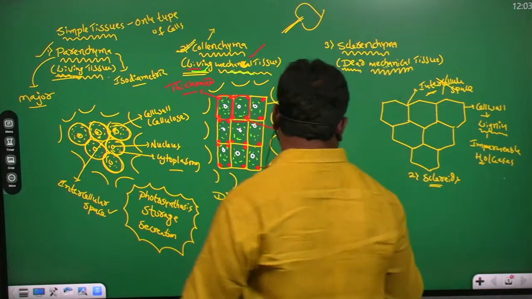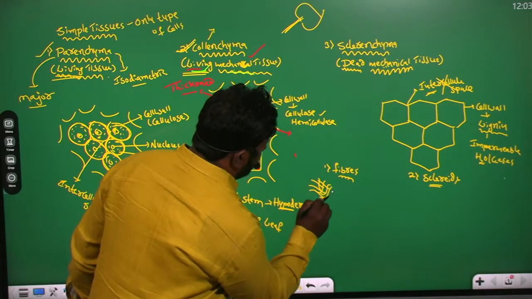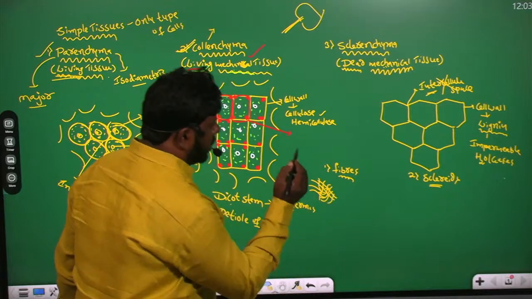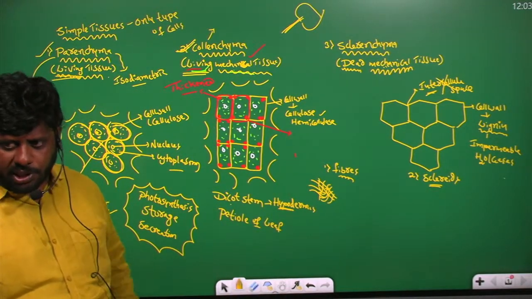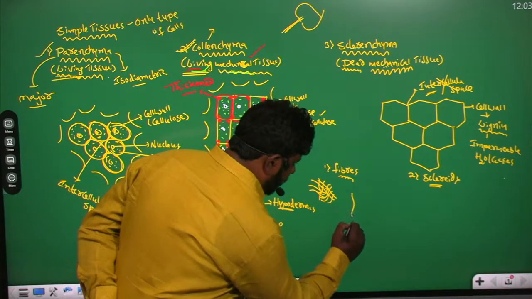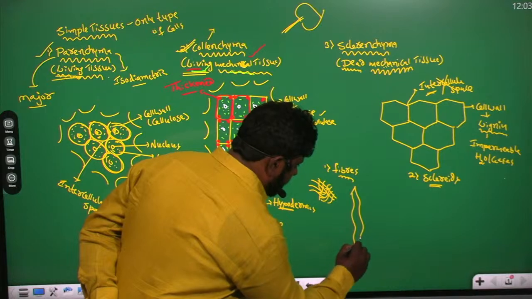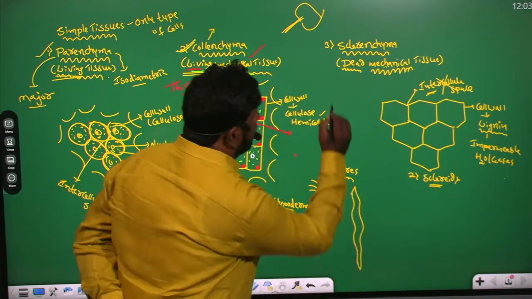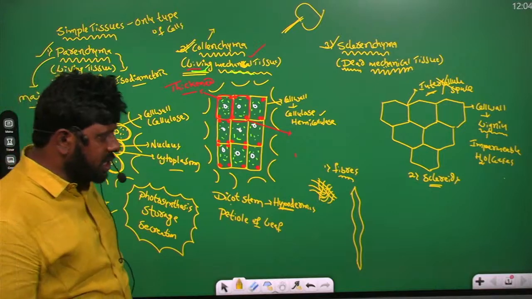Sir, what is a fiber, sir? Generally fibers are present in groups, not singly. Please keep in mind, fibers are always present in groups, never single. For understanding the structure, I am taking one fiber outside. Imagine this is one fiber. The same characters we studied in sclerenchyma are applicable here.